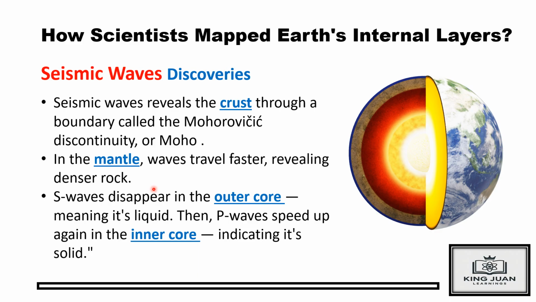Through seismic wave data as well, scientists have concluded that the outer core is made up of liquid, since S waves disappear in this region. Then, P waves speed up again in the inner core, primarily indicating that it is mainly solid.